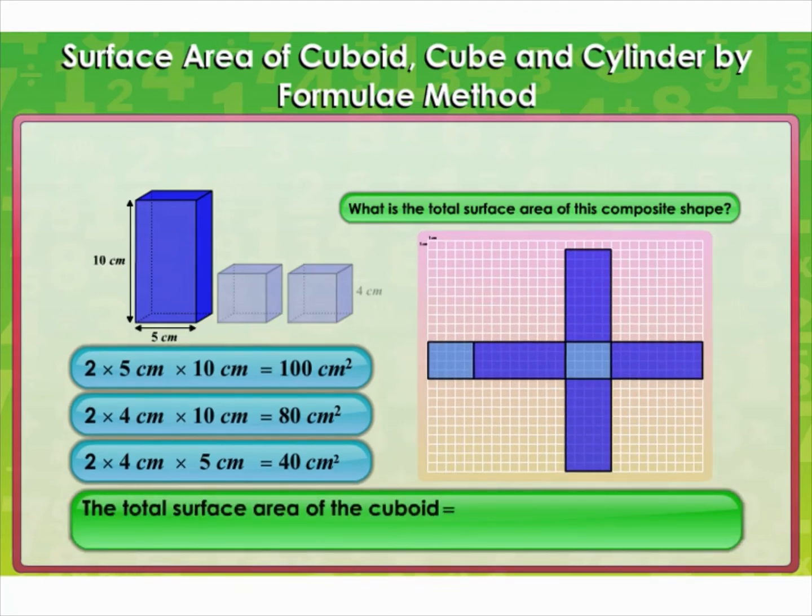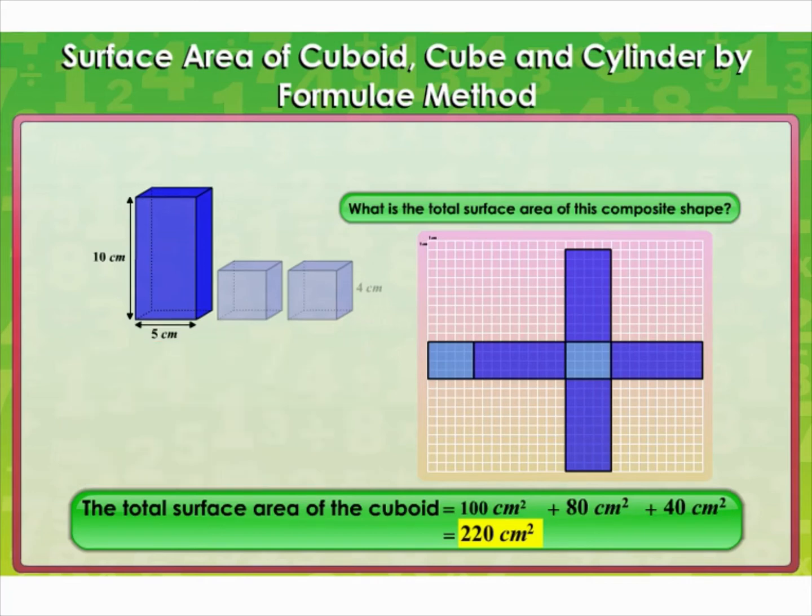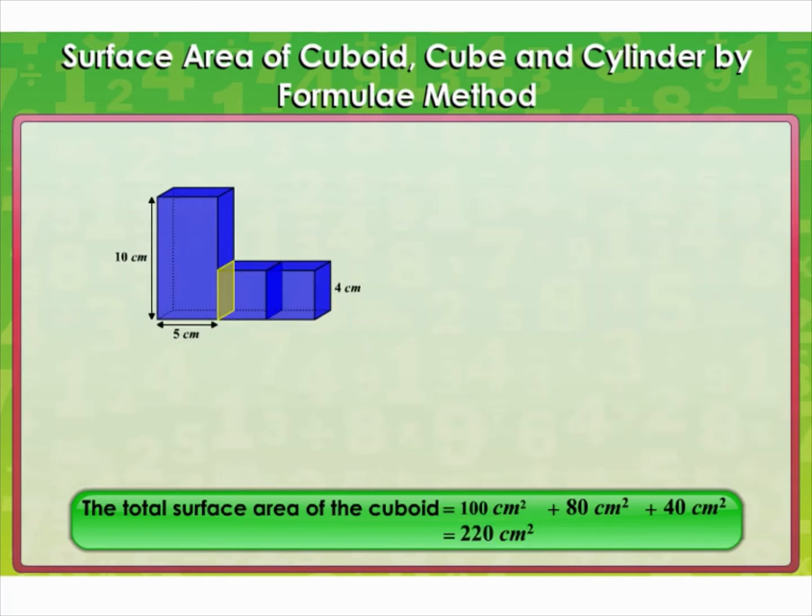Adding these gives the total surface area of the cuboid, which equals 220 square centimeters. But what about this connected surface? What is the area of this connected surface?